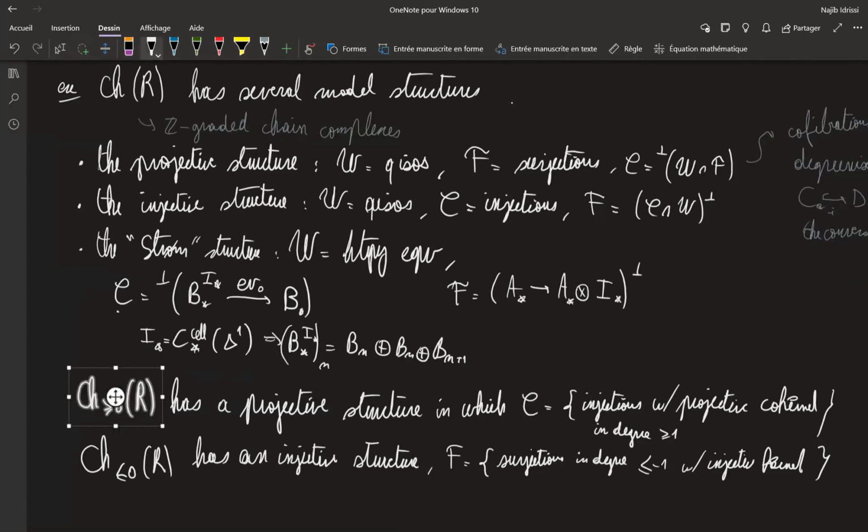So when you bound the degree, if the degree is bounded below, then you can deal with projective resolutions. And here your models will be projective complexes, and you have some kind of Whitehead theorem. Similarly here, if you are bounded above in degree, then you can have an injective structure in which models are injective resolutions. Right?